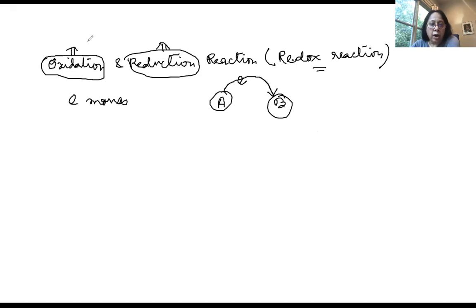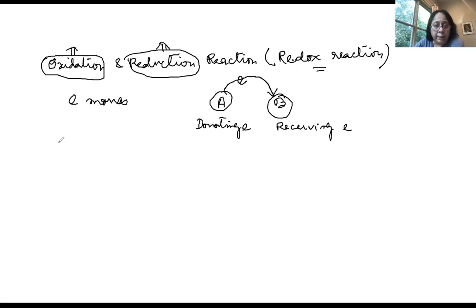Or you can say oxidation reduction reaction. So two things are happening over here. Atom A is donating the electron, okay? And atom B is receiving the electron. So electron is moving in this system, so it is a redox reaction.